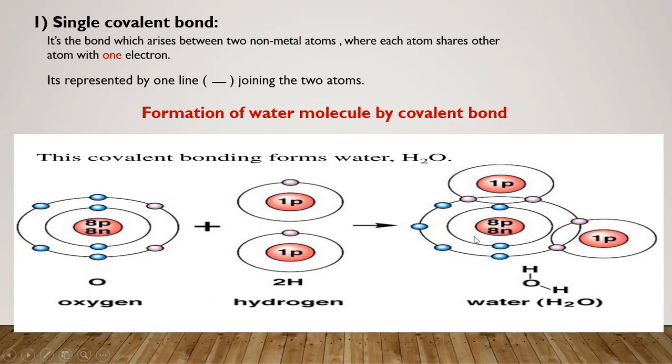While the oxygen atom contains now 8 electrons, as it shares by 1 electron and the hydrogen shares by 1 electron, so it contains 8 electrons and it completes its outermost energy level. So the water molecule contains single covalent bond, and we describe it by one line, OH.